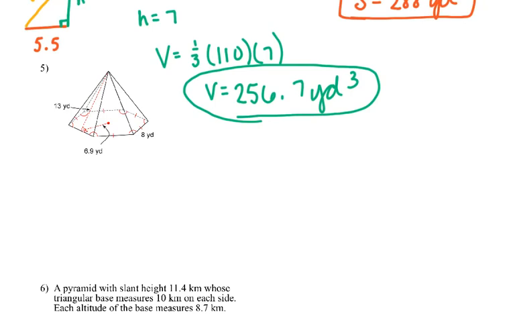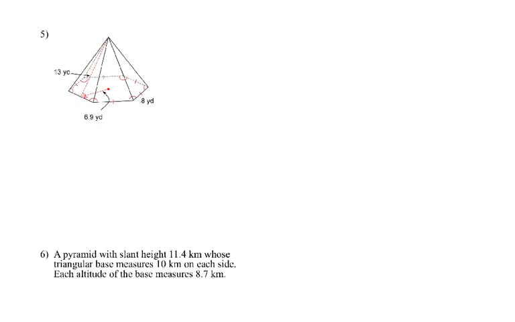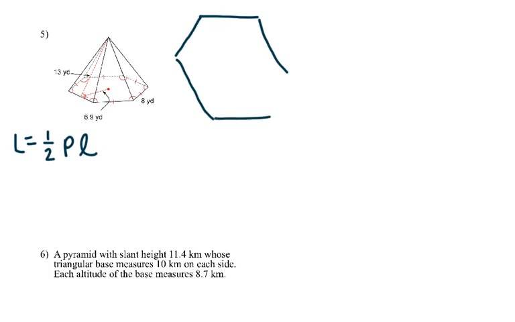Okay, so again, here we go. Lateral area, we are doing 1/2 times the perimeter times the slant height. This base is a regular hexagon. Ooh, my iPad drawing skills are a little rough.